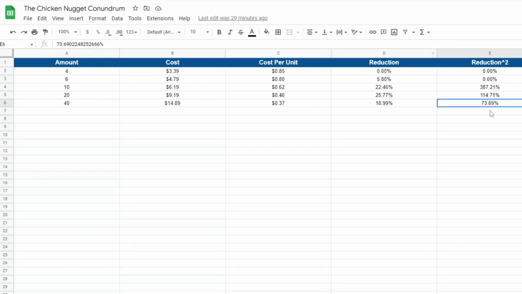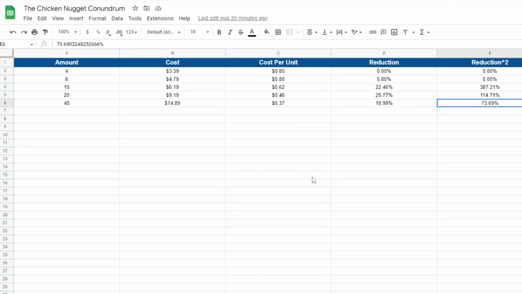So it appears that the unit cost is lowering, but at some point there's a profitability problem, right? There's an actual cost to buying a nugget, and then there's a cost to selling you a nugget. And at some point, McDonald's just won't sell you a nugget if they're gonna make $0 on it, zero profit, or even negative profit.